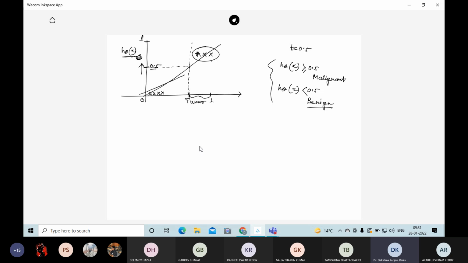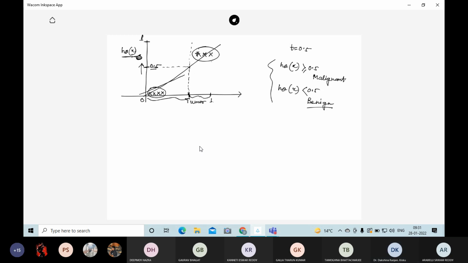And the remaining training examples, where the predicted value is less than 0.5, are the ones found to be of benign nature.